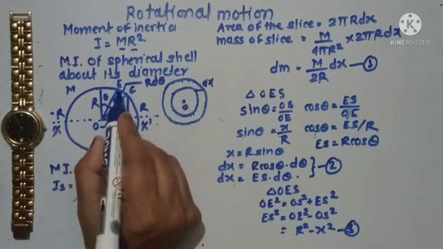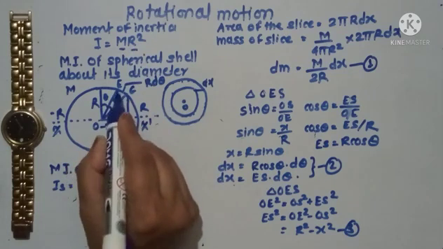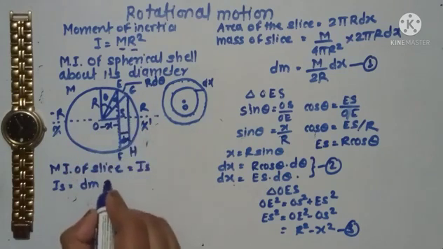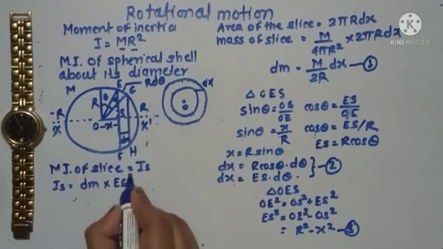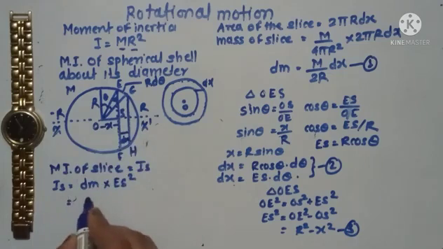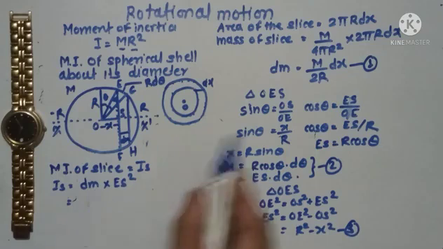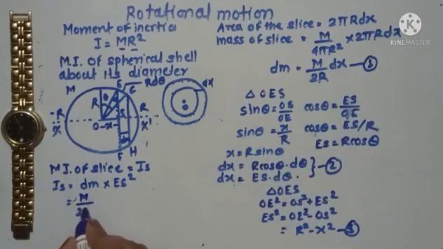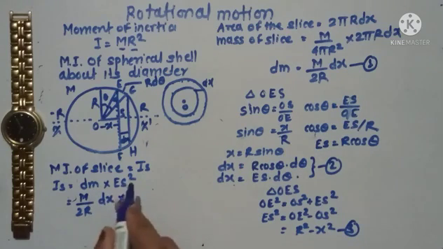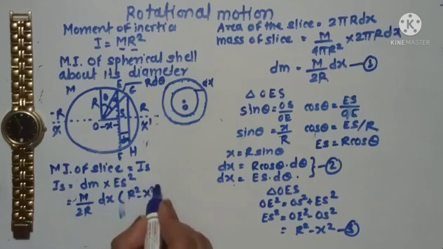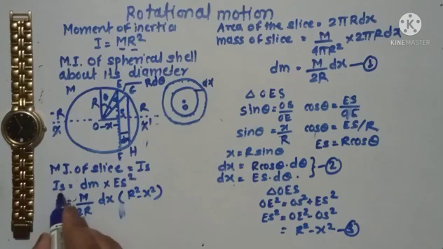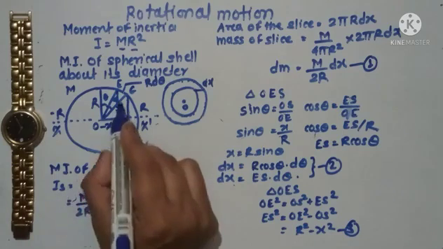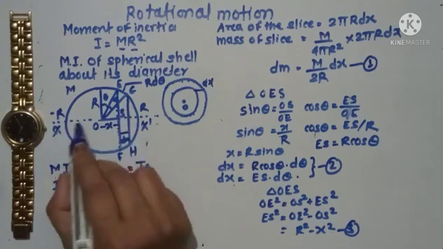In this case the distance from the axis of rotation is ES, so multiplied by ES square. So dm we have calculated in equation number 2, which is m upon 2r into dx, multiplied by ES square, which is nothing but r square minus x square.